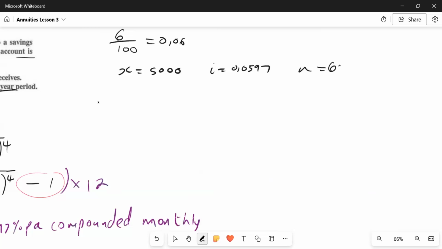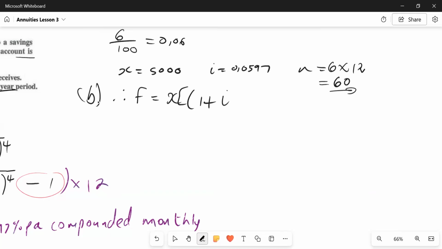So you'll have your 5 times 12, which is equals to 60. That's your n. And then we can say, therefore, future value is equals to your x, 1 plus your i to the power n minus 1 divided by i.